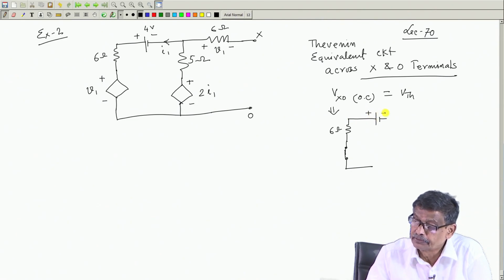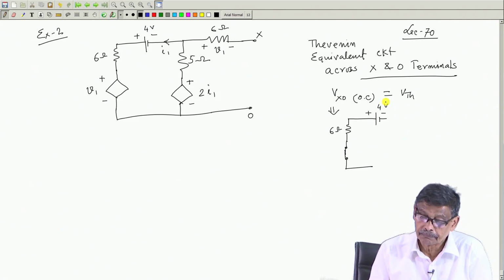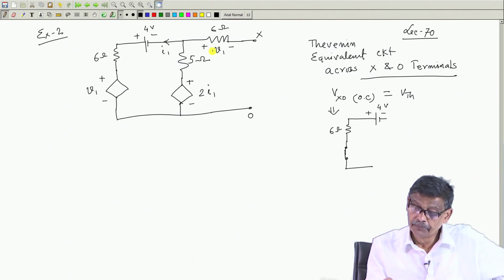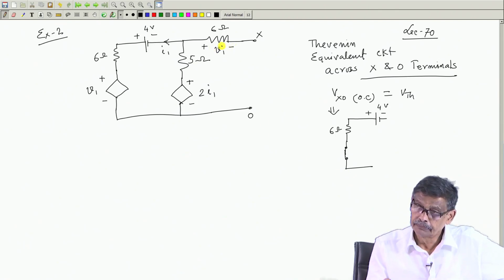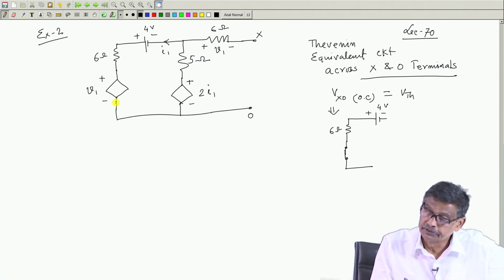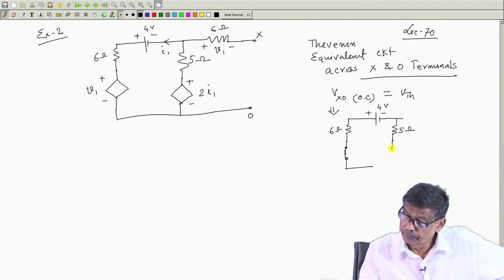It is independent source, it will remain 4 volt. V 1 is 0, and this is 0 means 0 voltage between these 2 points, and here it is some 5 ohm, and here of course, the currents will be there.